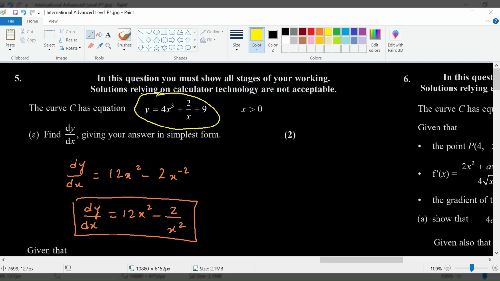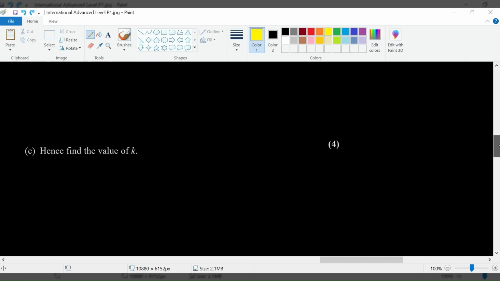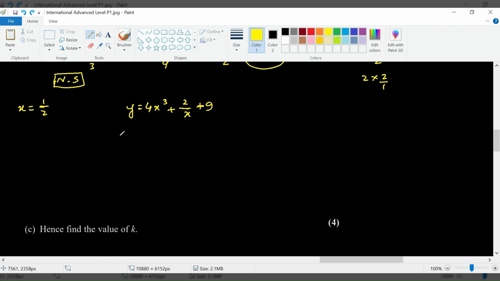In here, we are going to substitute the value of x that we found as 1 over 2. So y is equal to 4 times (1 over 2) cubed plus 2 over (1 over 2) plus 9.